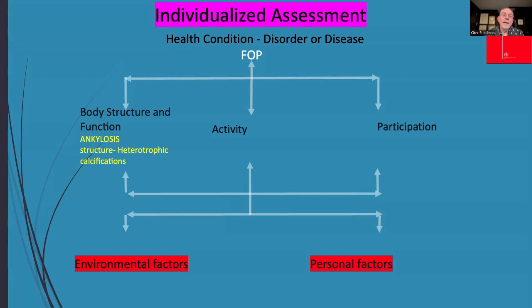Those domains are the body structure and function, which is essentially the structure of the body and the joint function, how that impacts their ability to be active in society, whether that impacts how they participate, and how the combination of those is impacted by personal and environmental factors.